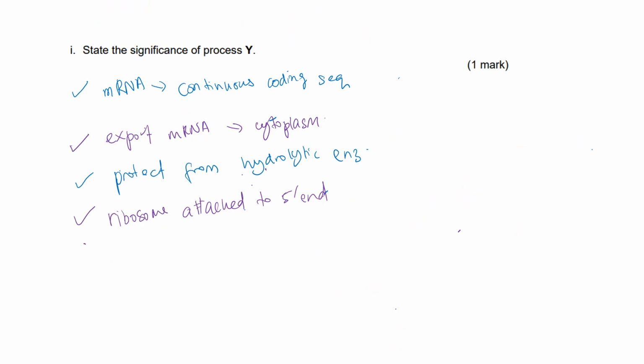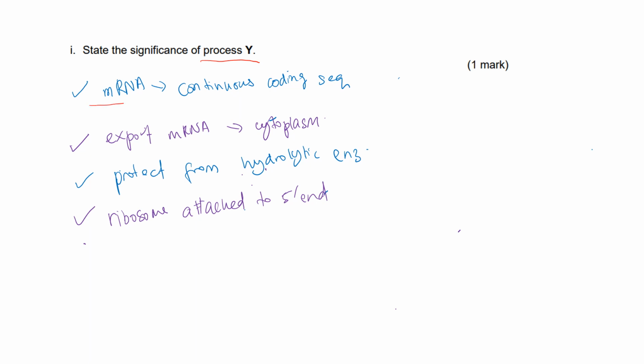For the first question, it says here, state the significance of process Y. As you know, process Y in the diagram is RNA processing. I've mentioned earlier in my explanation that process Y is RNA processing. It is significant because RNA processing will convert pre-mRNA into mature mRNA.